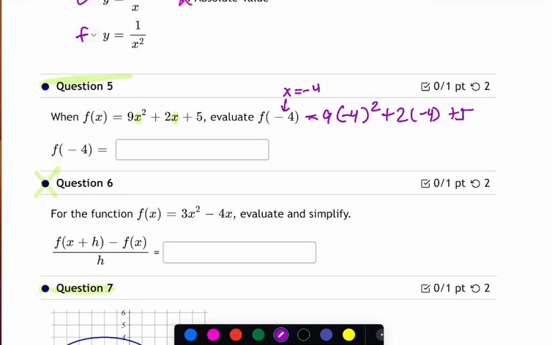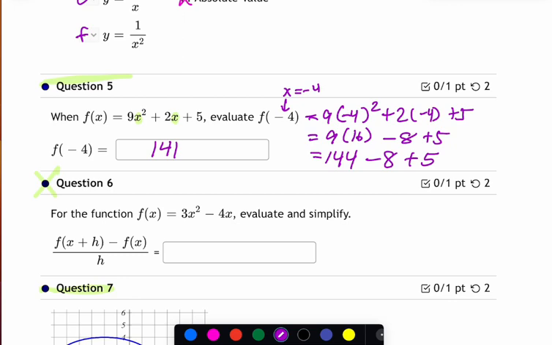So when we square that negative, that's going to be 9 times 16 minus 8 plus 5. 9 times 16 is 144. So that's going to be 144 minus 8 plus 5, which is 141. So just make sure that you're following order of operations, parentheses, parentheses, parentheses.